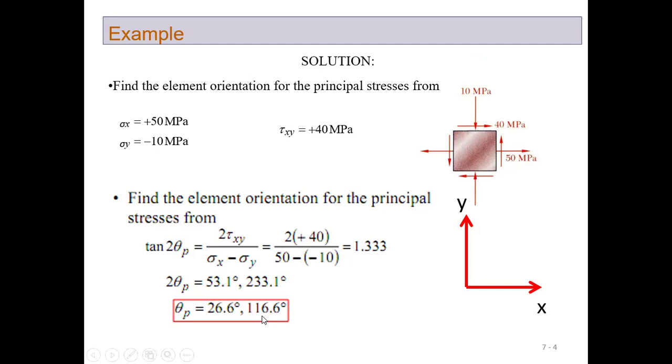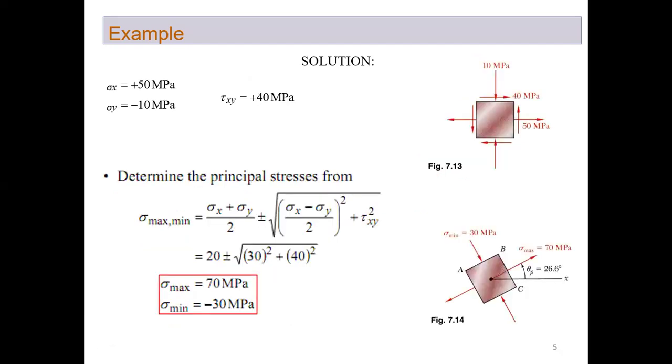So this is the angle which our second principal axis is making with the x-axis, while the first principal axis is making an angle of 26.6 degrees. It would be more clear in the coming slides.